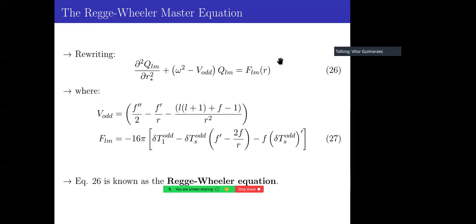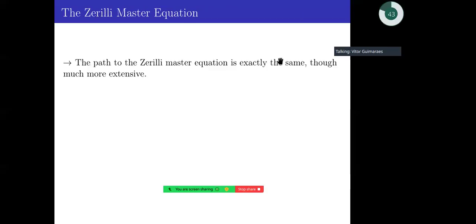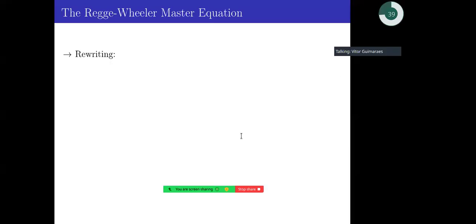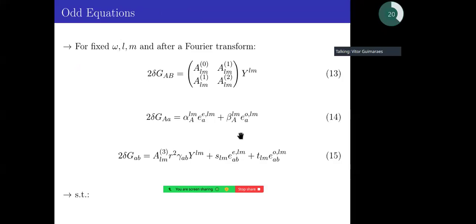I know that when I attend classes, very long and tedious computations may lose my full focus and attention. So what I'm going to do is, well, basically the path to this master equation is exactly the same, though much more extensive. Instead of getting this and this equation, we need to separate all these four equations here, right?